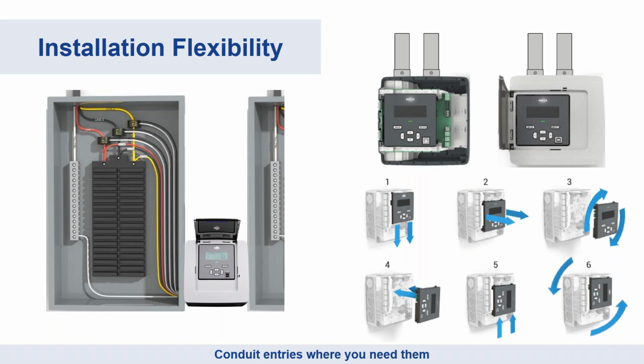In the bottom right-hand side of the slide, it shows you that I can slide down the display module, reorient it 90 degrees, and then slide it back up so that my conduit openings and all of my CT wiring or high voltage wiring is being brought in a direction that makes sense. So this means ease of installation. It means more choices and flexibility of where I can actually install this meter when the layout of conduit and other panels and switchgear is more challenging.